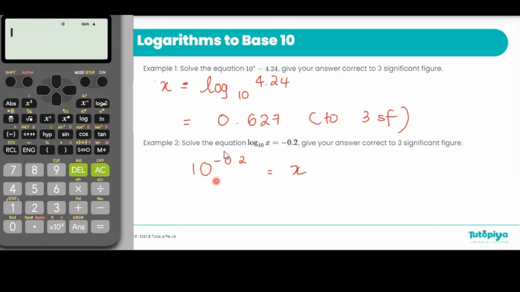And I can use a calculator to work out what this is. So 10 to the power of negative 0.2 is 0.631, correct to 3 significant figures. So x is equal to 0.631 to 3 significant figures. There we go.